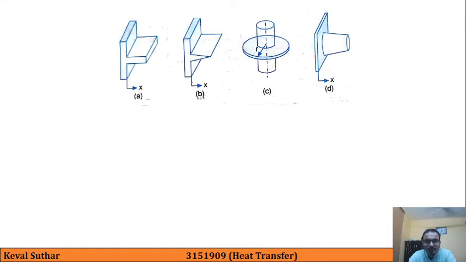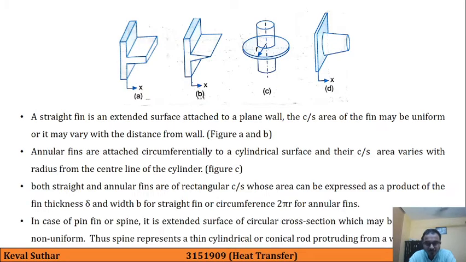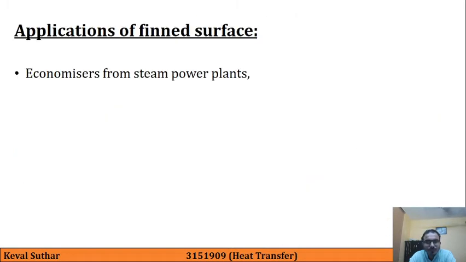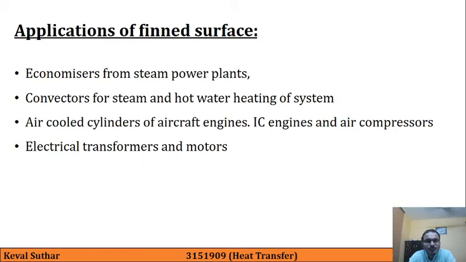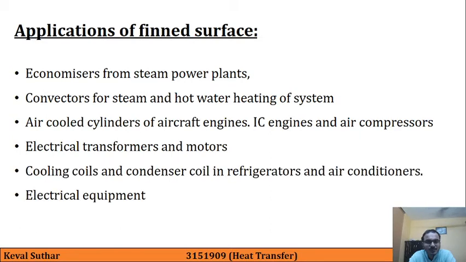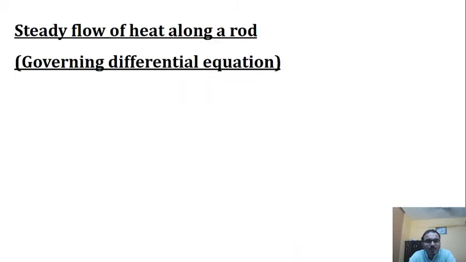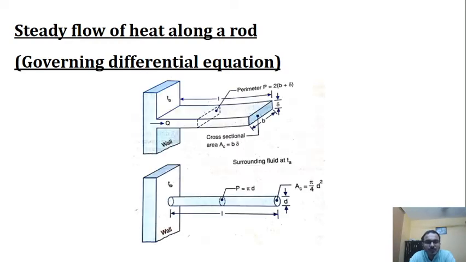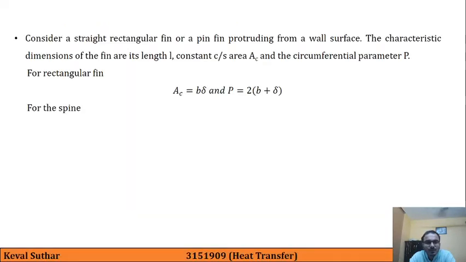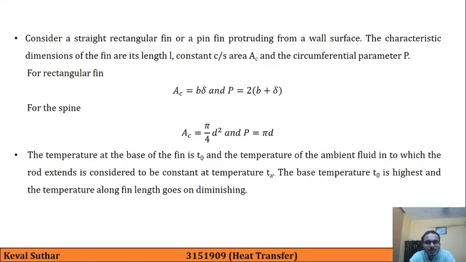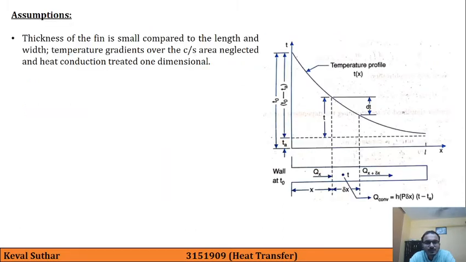These are various types of fins, and applications of finned surfaces are like this. Then we started with steady flow of heat along a rod, which is the governing differential equation or fundamental theory of this chapter, in which we started with a rectangular fin and a spine, and these are the cross-sectional area and perimeter.